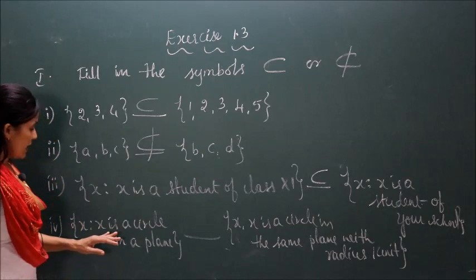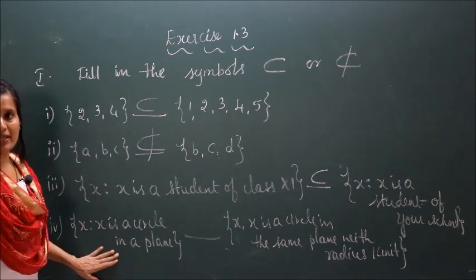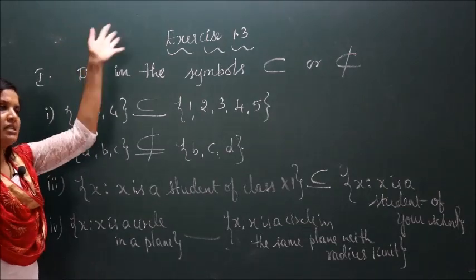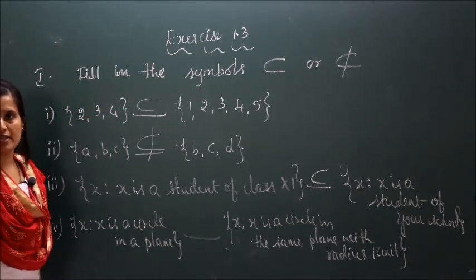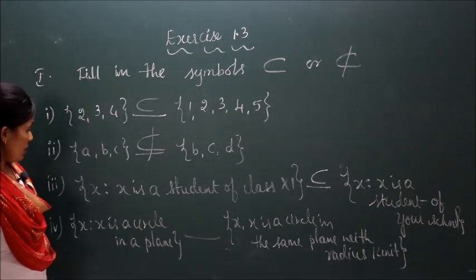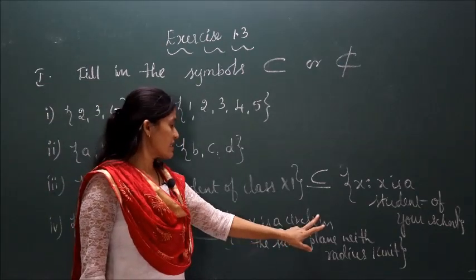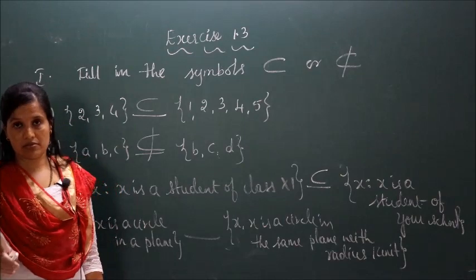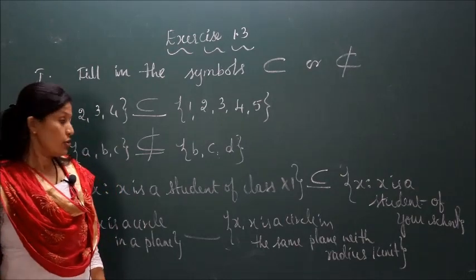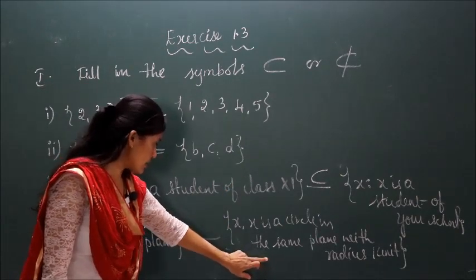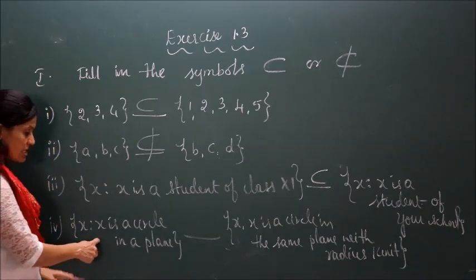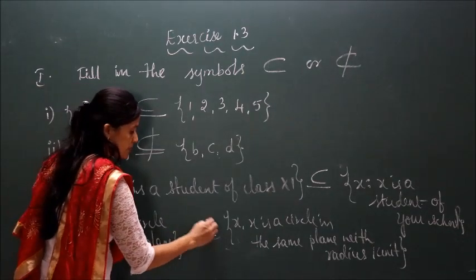The next one, X is a circle in a plane. So in a plane there are so many circles. Imagine there are many circles of different radii in the plane. This is another set, Y is a circle in the same plane with radius 1 unit. So this is contained in this, but this is not the subset.